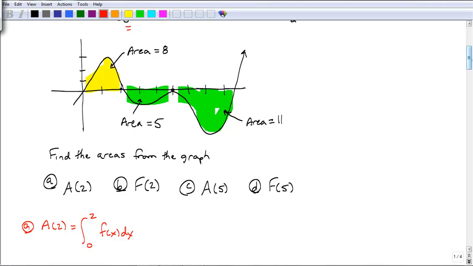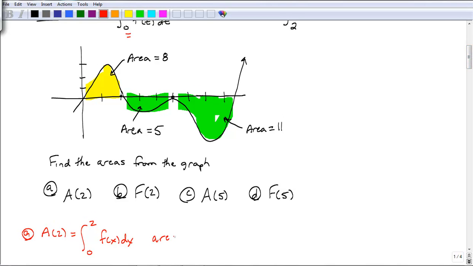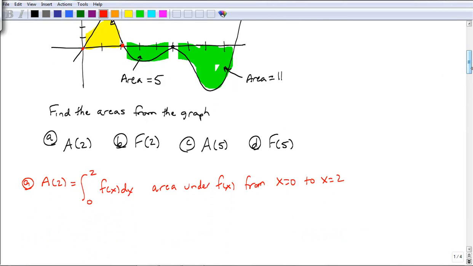And what this represents is the area under f of x from x equals 0 to x equals 2. If you look at the graph, here's x equals 0, here's x equals 2, the area under it is 8. So the answer to A is 8, because that's the area under the graph from 0 to 2.